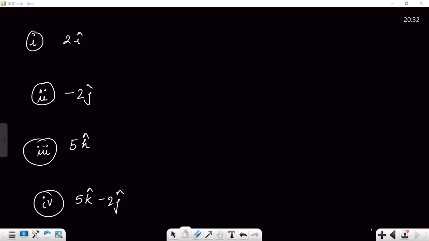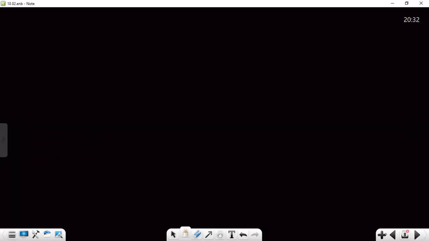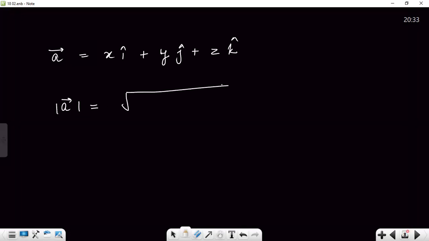Let me tell you, let me revise. If there is a vector A, x I cap plus y j cap plus z k cap, its magnitude will be square root of x square plus y square plus z square, and its unit vector will be simply the vector divided by the magnitude.